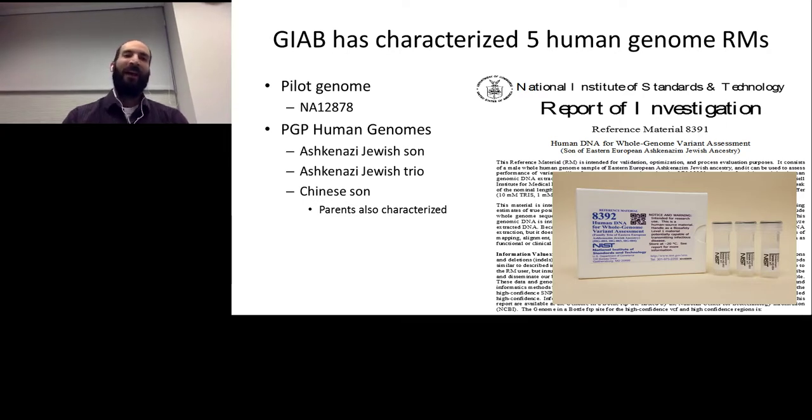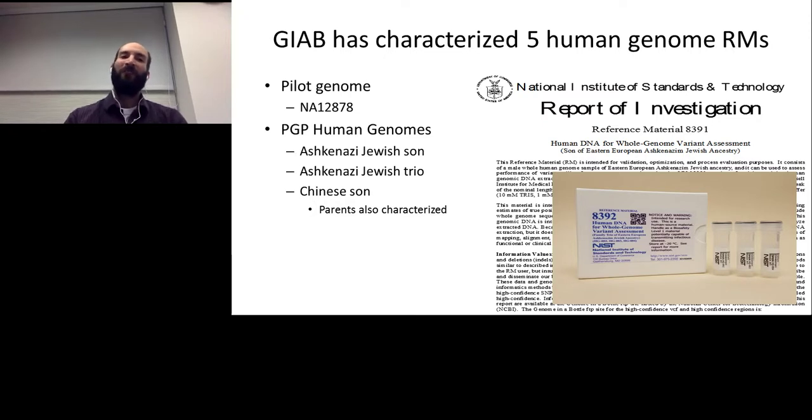So we have an Ashkenazi Jewish trio, that's a mother, father, son trio, and a son in a Chinese trio where we are also characterizing the parents in the trio, but they are not released as reference materials, they're only available from Coriell.